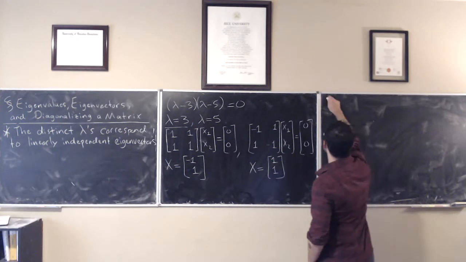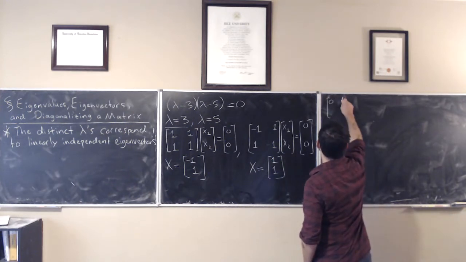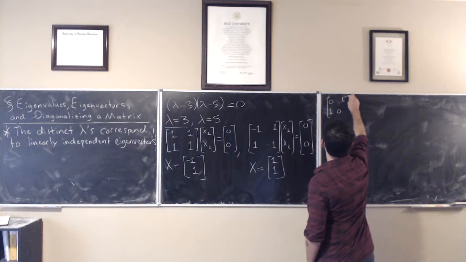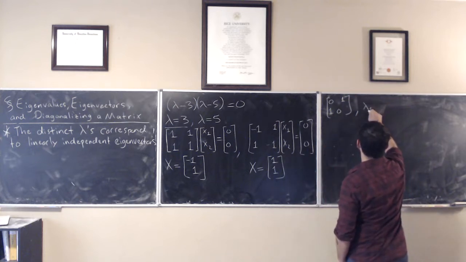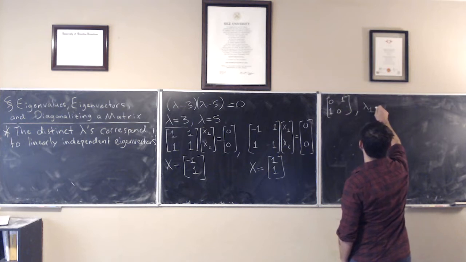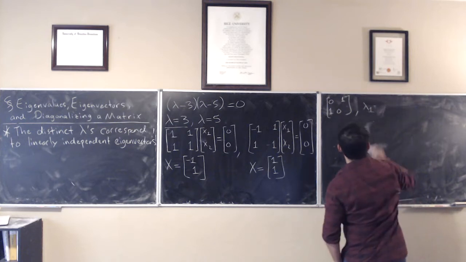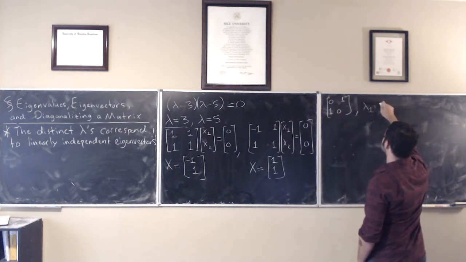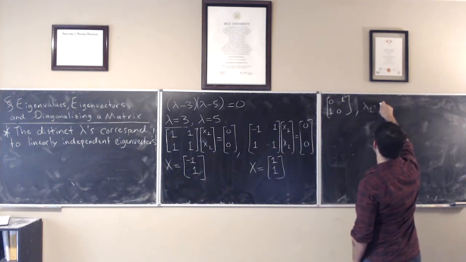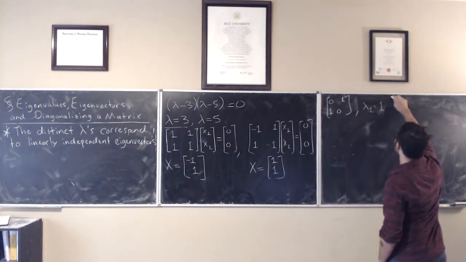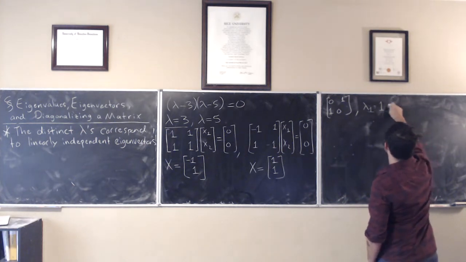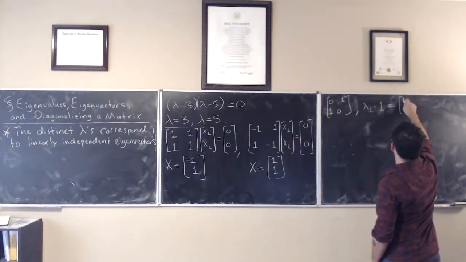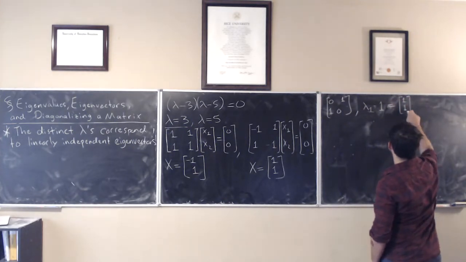So we learned with the first example that this matrix had eigenvalues. What were they? What was it? 1 and -1, right? And the corresponding eigenvector for the 1 was 1, 1.